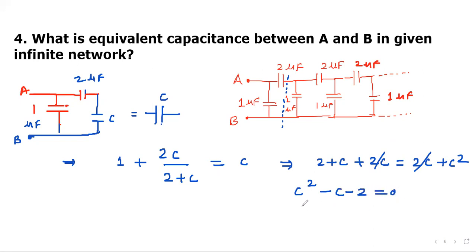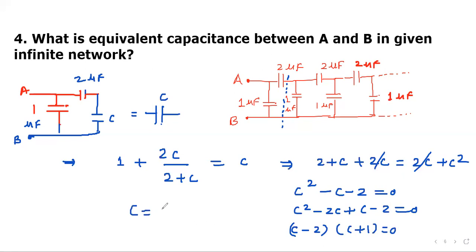If we factorize it, we can write C square minus 2C plus C minus 2 equal to 0. So C minus 2 and C plus 1 equal to 0. So C will be 2 microfarad, and C cannot be equal to minus 1 microfarad. So our answer is 2 microfarad.